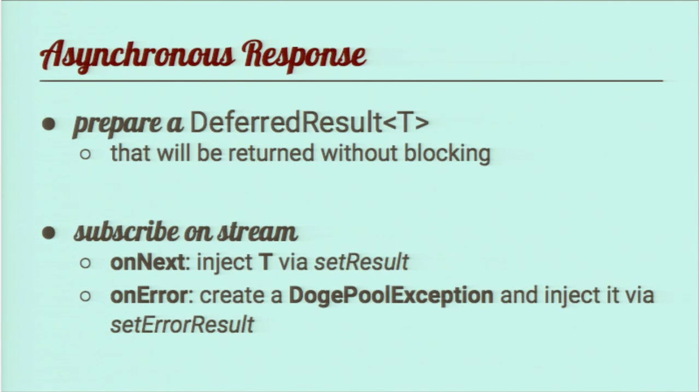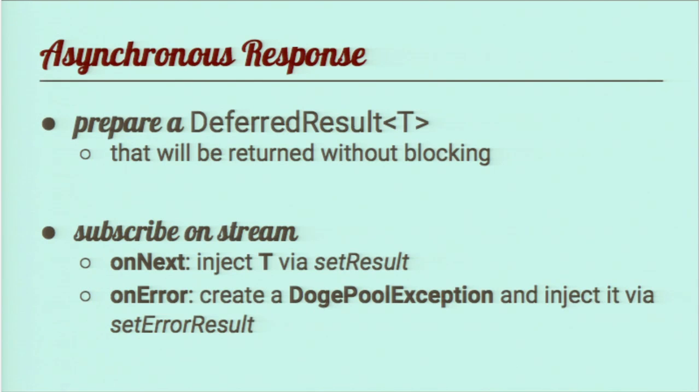So it will return the DeferredResult immediately, and Spring will keep it on the side and say, okay, I will receive a notification when some data is available that I can give back to the client. But in the meantime, I can use all my resources, all my threads, to process further requests.